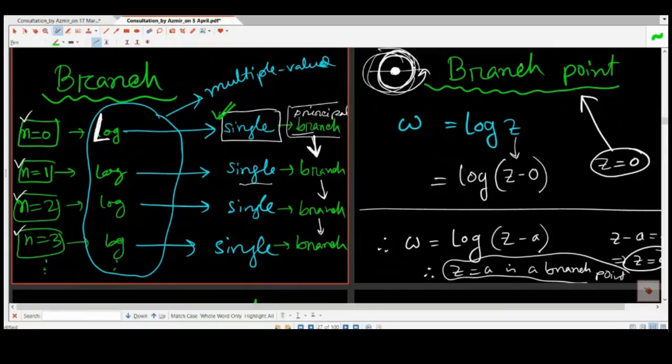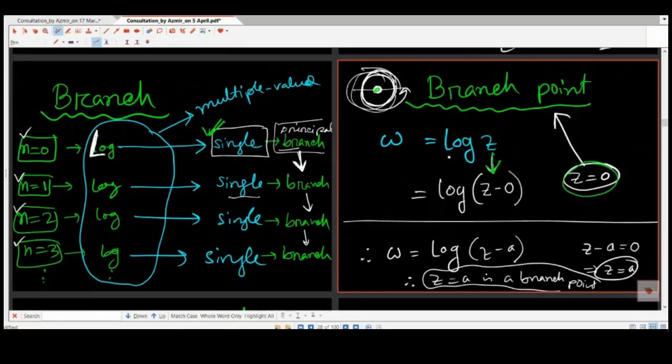Branch point is the point that is the center of a circle. So for the complex logarithmic function log z, this can be written as log of z minus 0. So z equals 0 will always be a branch point. But for log of z minus a, we can say z equals a will always be the branch point.